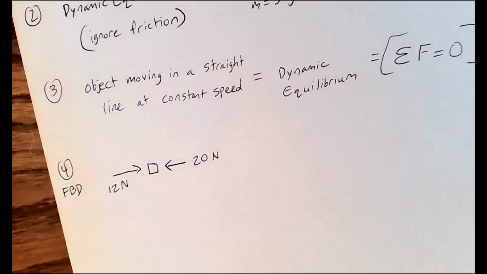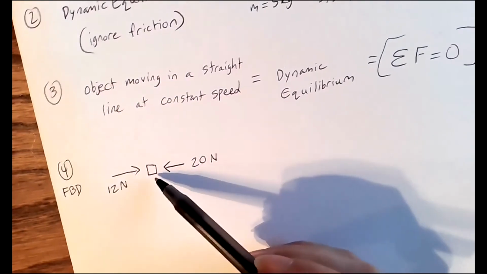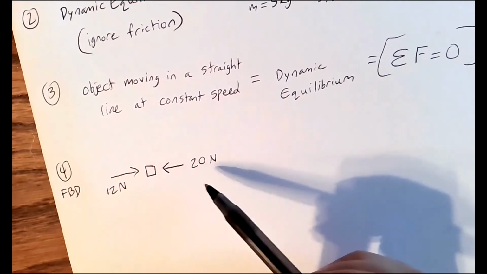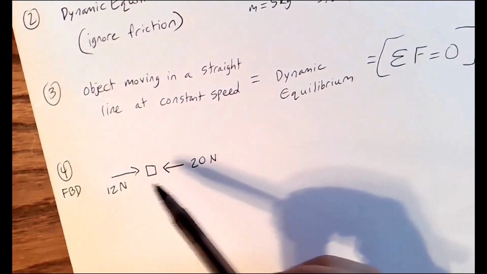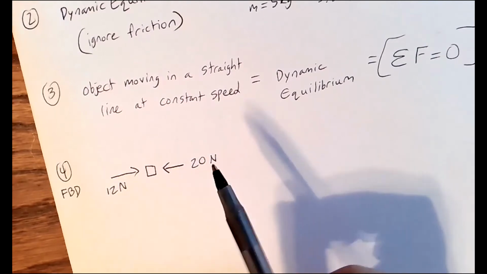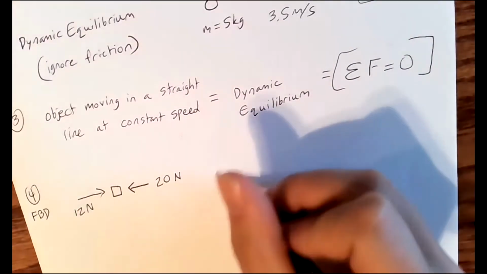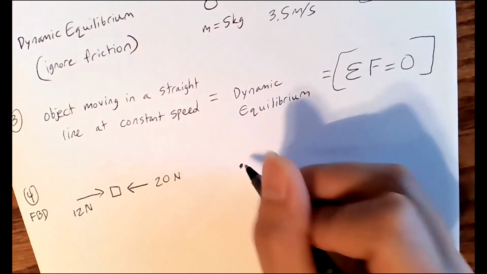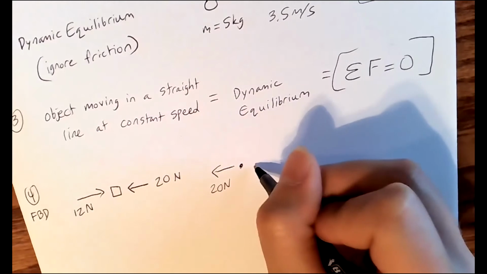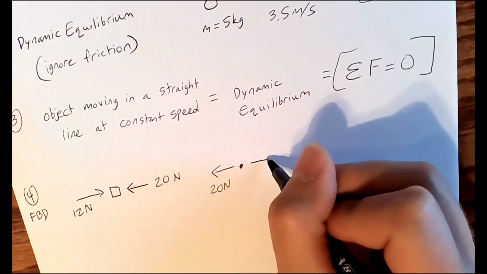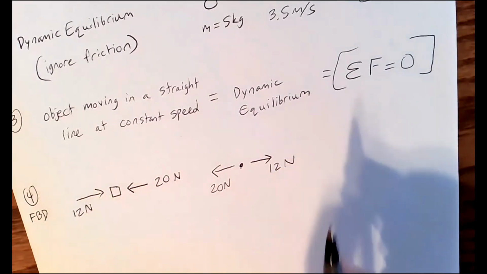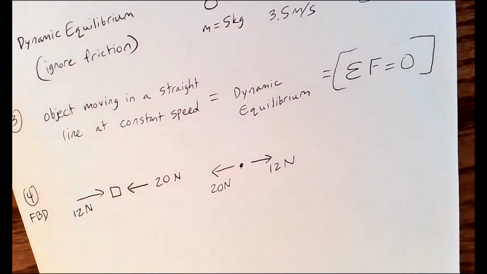Okay, here we go. Free body diagram. Here's the object. There's a force coming from the right and a force coming from the left. Okay. Another way to draw this out: 20 newtons going to the left, 12 newtons going to the right. And so now we're just subtracting.